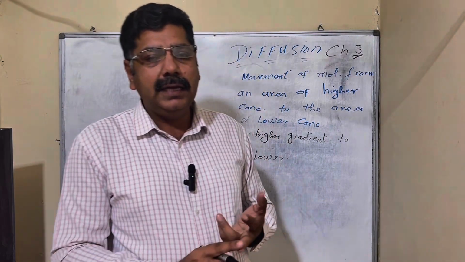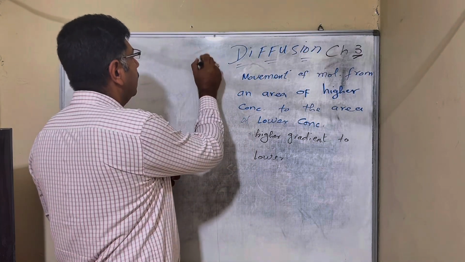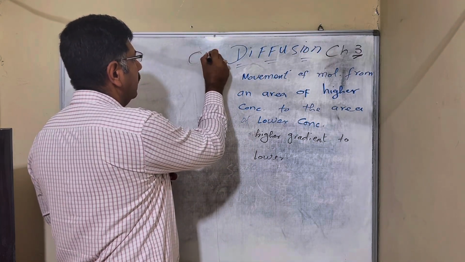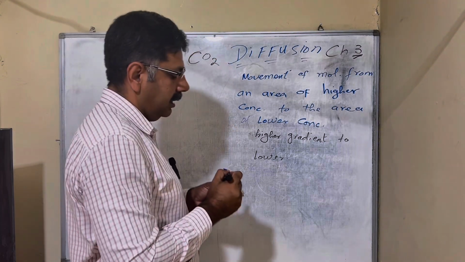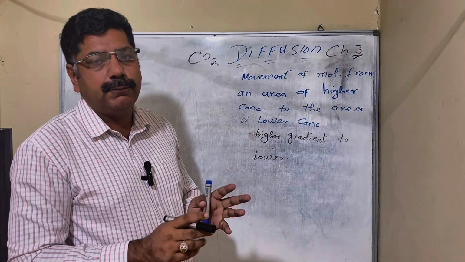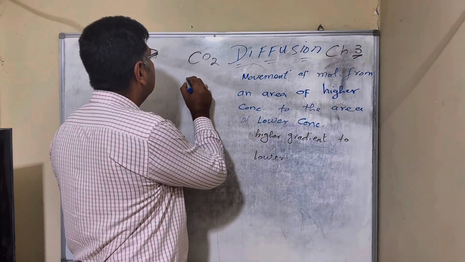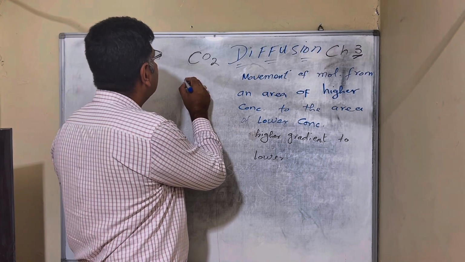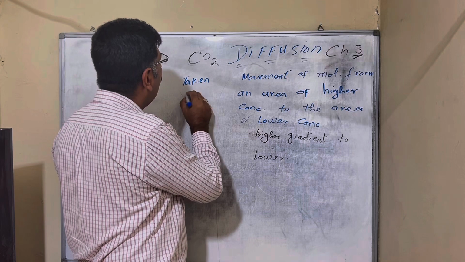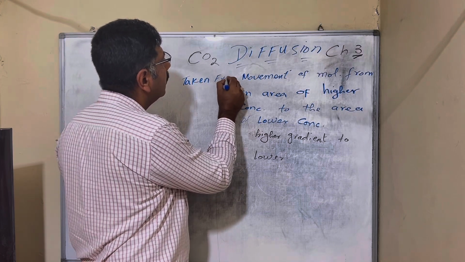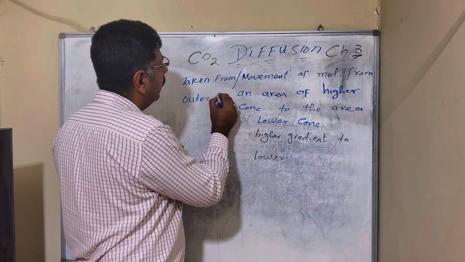As for the plants, we say that there is need of carbon dioxide, CO2, and this carbon dioxide is needed for the photosynthesis. For the photosynthesis, this carbon dioxide is taken or absorbed from the outer environment.